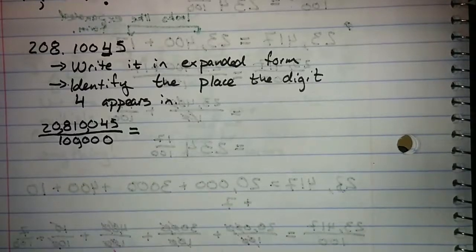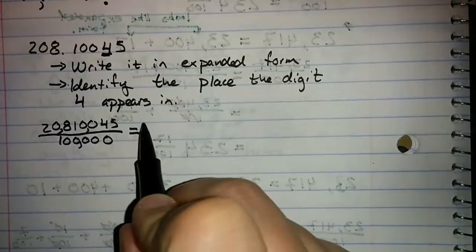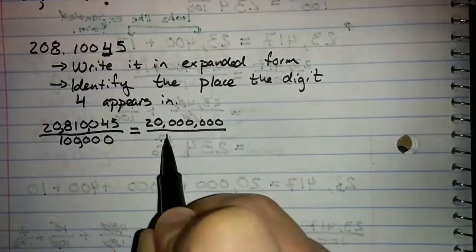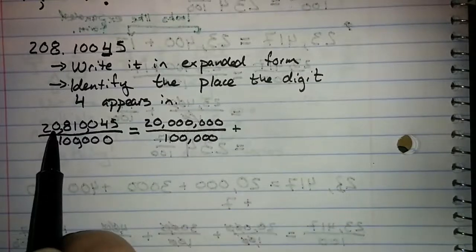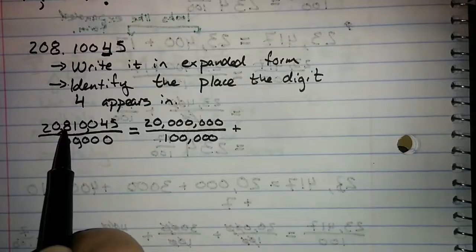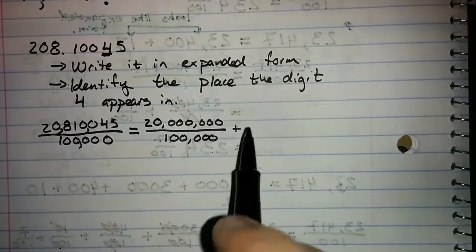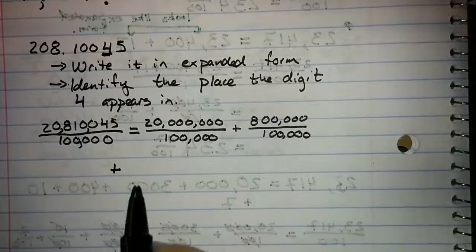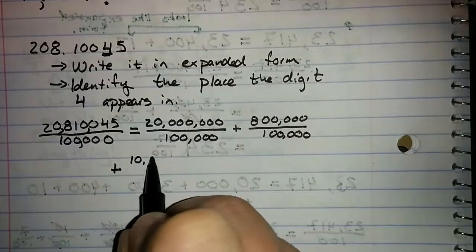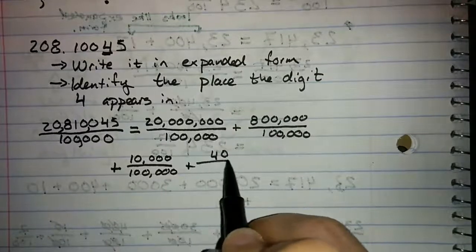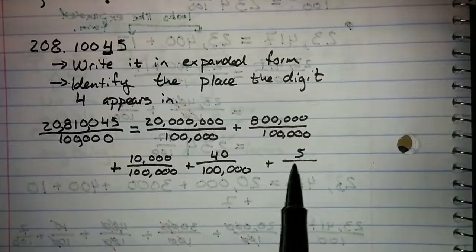Writing the numerator in expanded form, I'll have 20 million hundred thousandths. The millions digit is 0, so I don't need that. The hundred thousands digit is 8, so 800 thousandths. There's a 1 in the 10,000s place, and then a 4 in the tens place, and a 5 in the ones place.